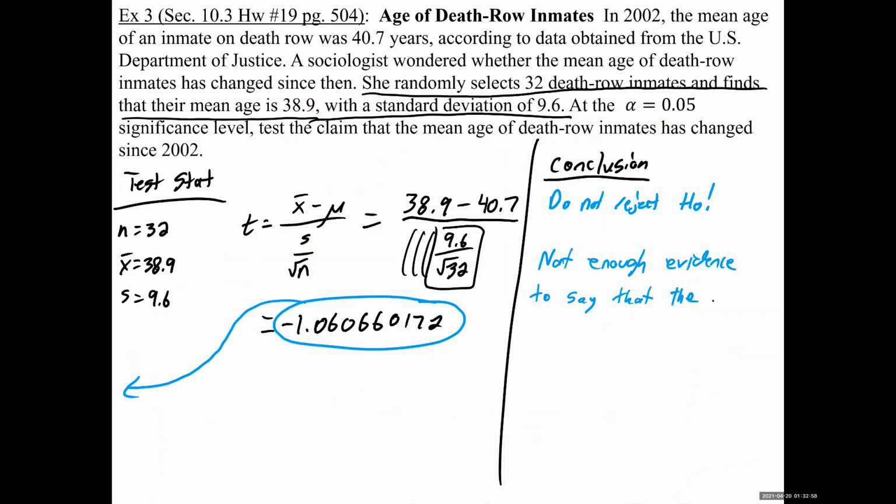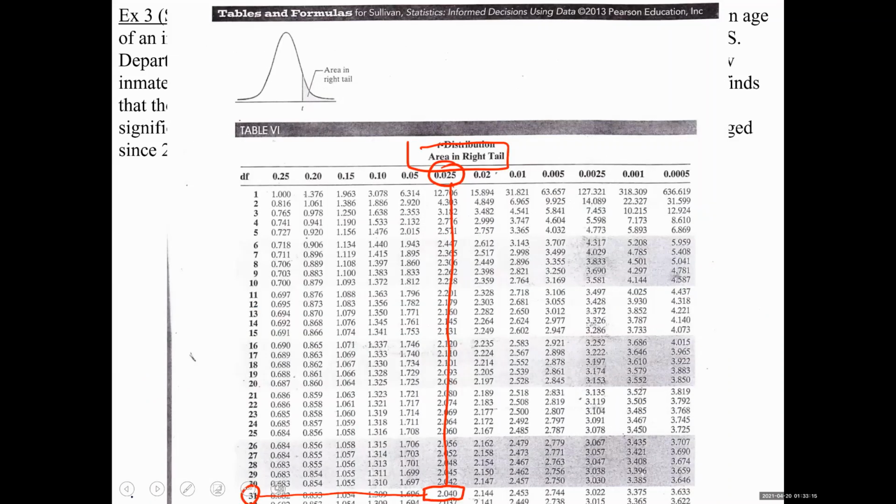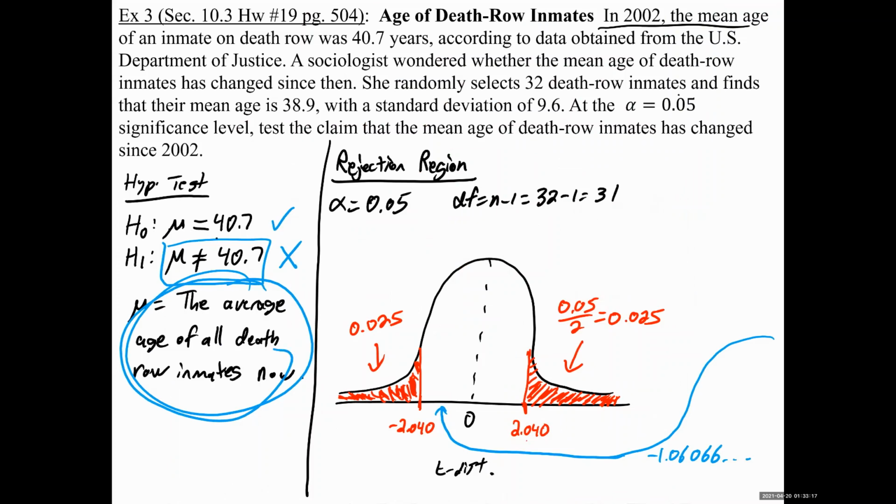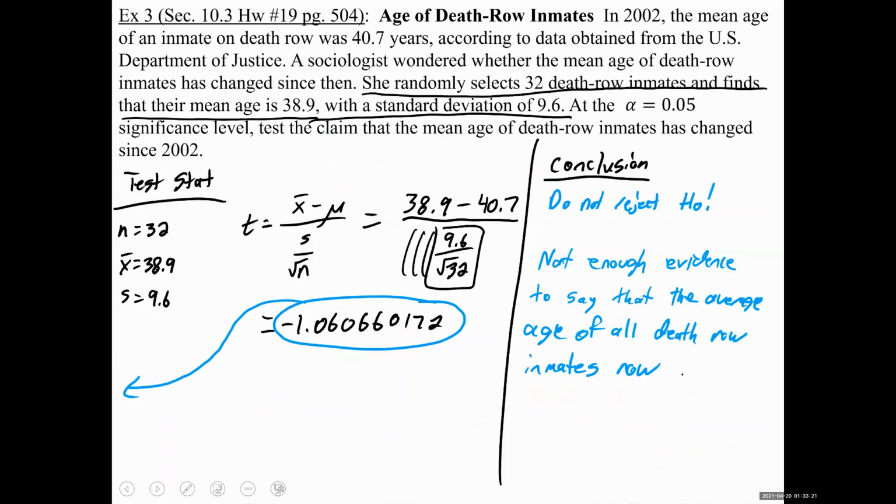That the average age of all death row inmates now. So I just wrote this, is not 40.7 years old.